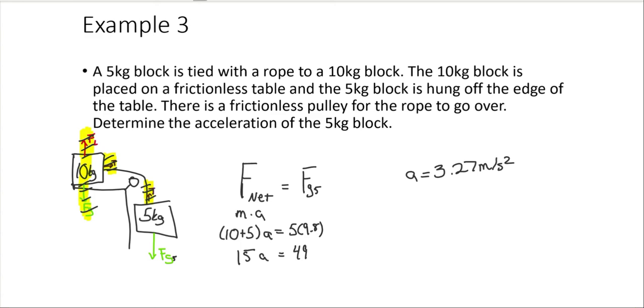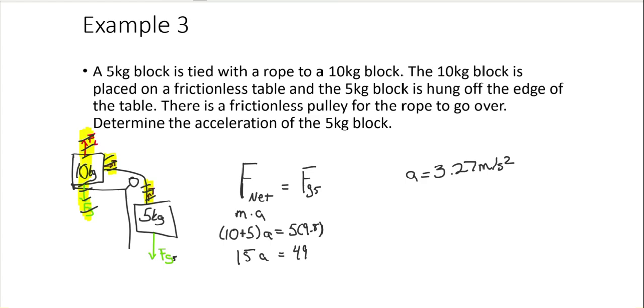I deliberately chose all the values to make sure that they're all the same, to see that these are all related, even if they're looking a little different. Now, something is very different about this. What is the direction of motion? We can see the 10 kilogram block would slide to the right, and the 5 kilogram block would go down.